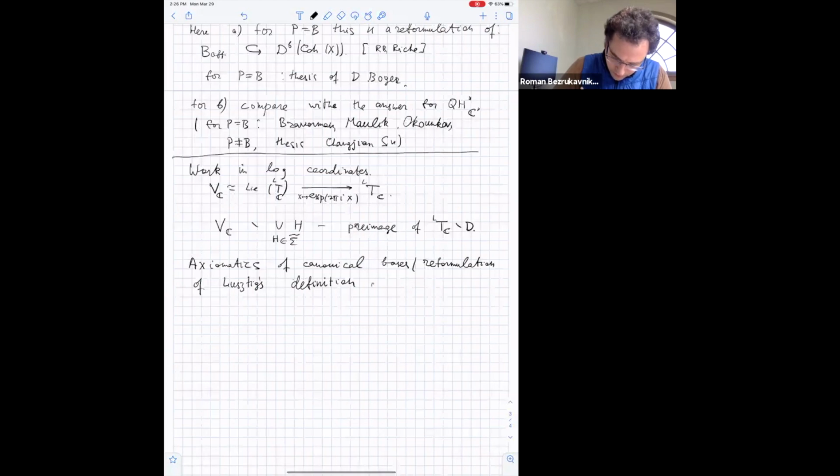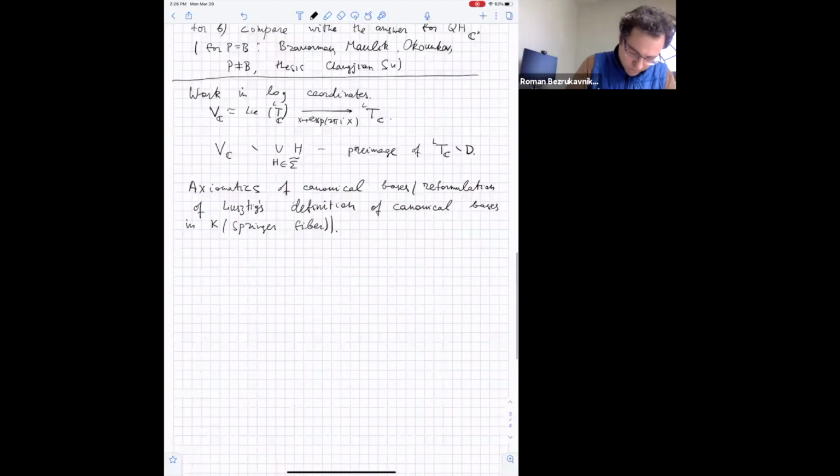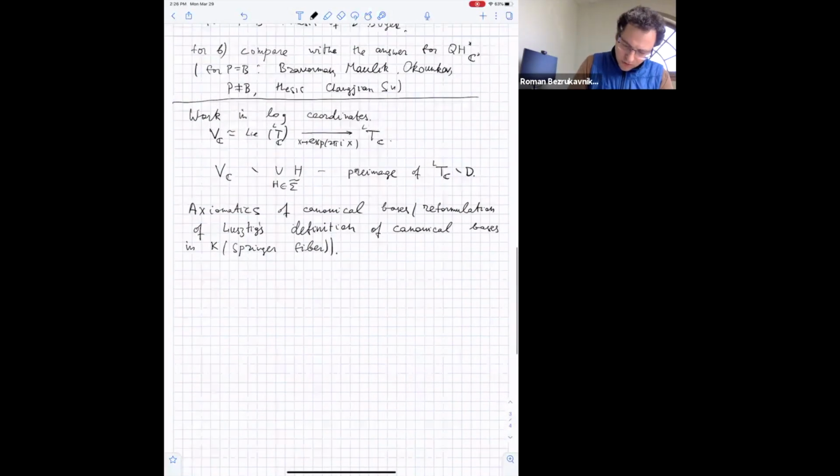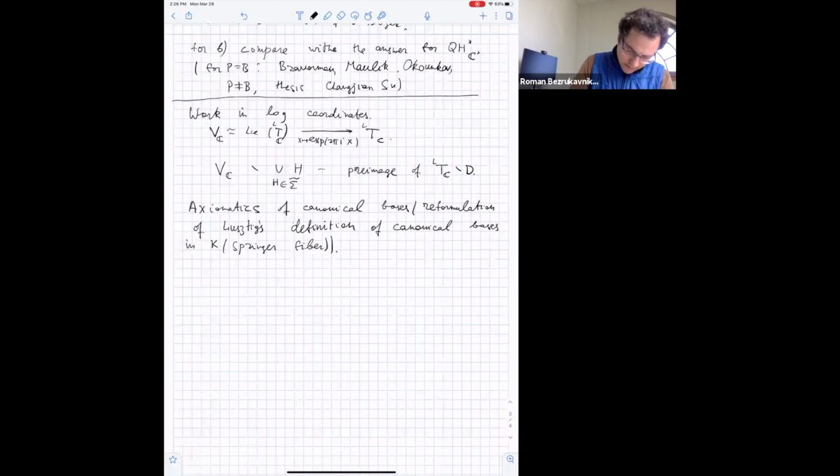Lustig's definition of canonical basis in a K group of spring fiber. So yeah, I just want to say that we looked at this pre-image, so maybe we can call it U tilde.